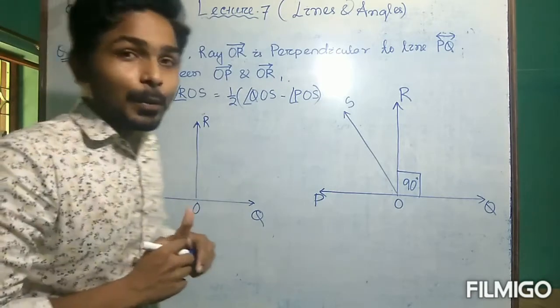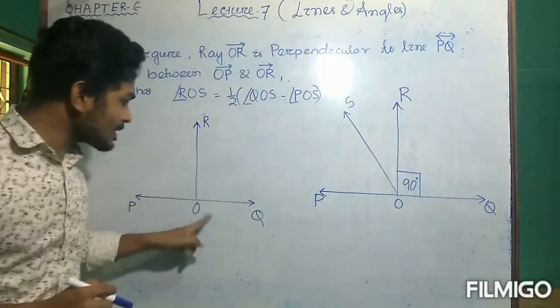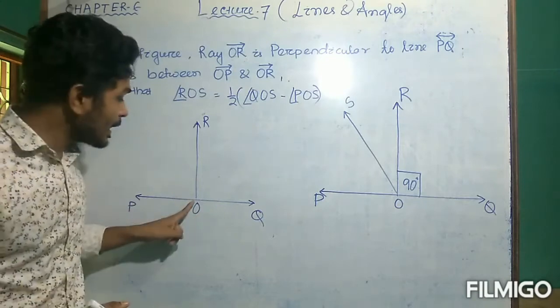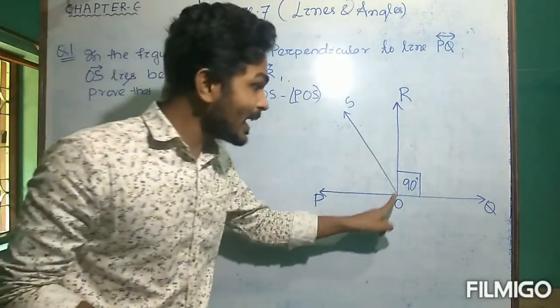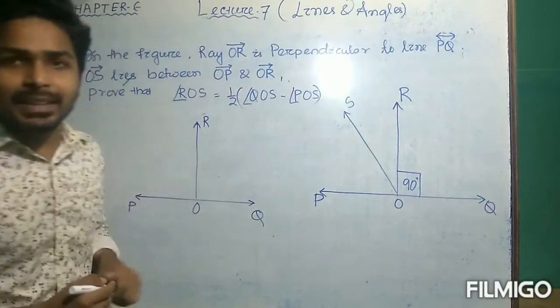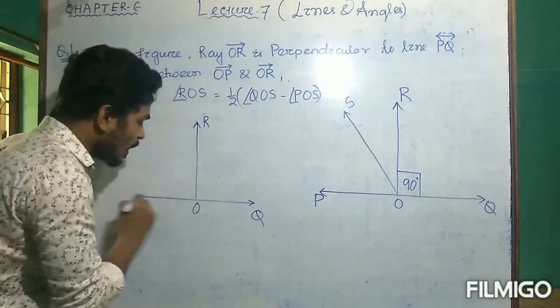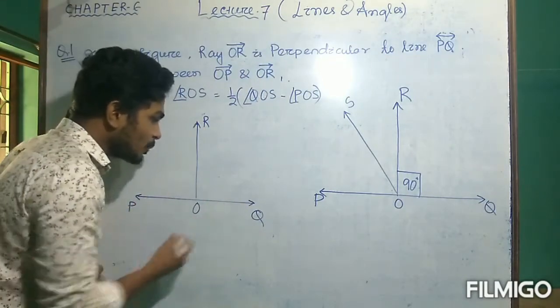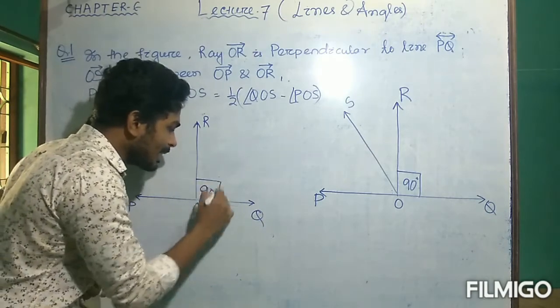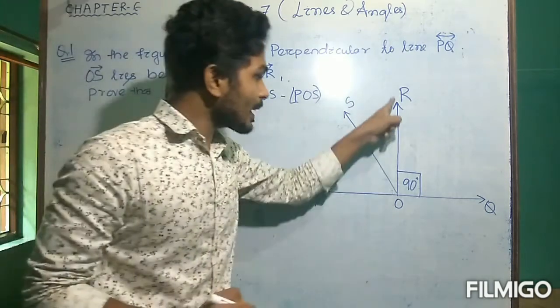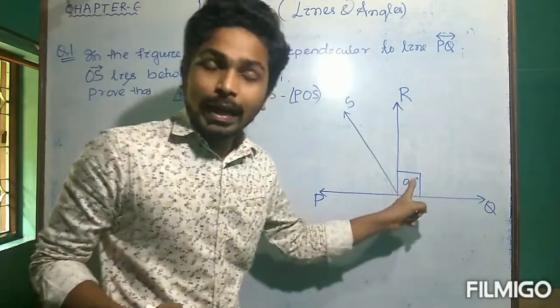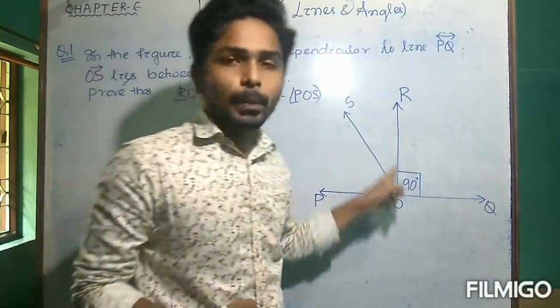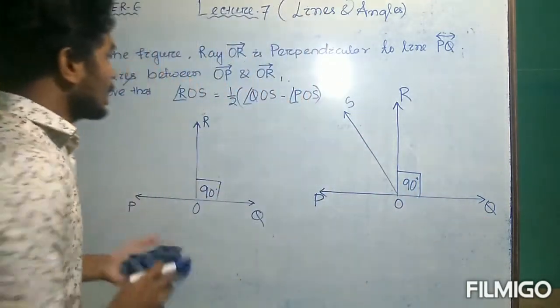I have told you what perpendicular lines are. Two lines are said to be perpendicular if they intersect each other at a point at an angle of 90 degrees. So here the ray OR intersects the PQ line at an angle of 90 degrees. Similarly, here also the ray OR intersects PQ at an angle of 90 degrees. So OR is perpendicular to the line PQ.